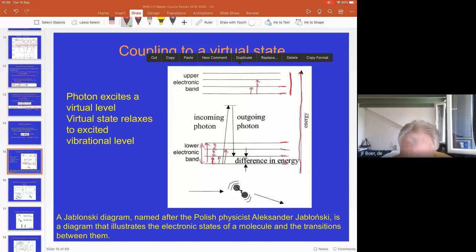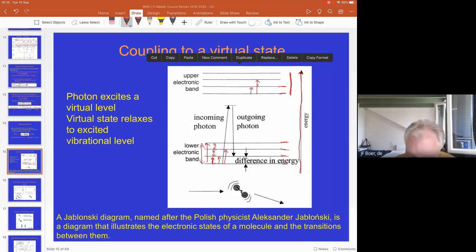Now, these diagrams are relevant because we can also plot the energy of the incident photon into this diagram and show how it is related to the energy of the molecule itself.